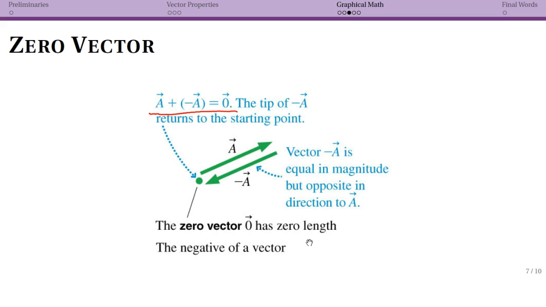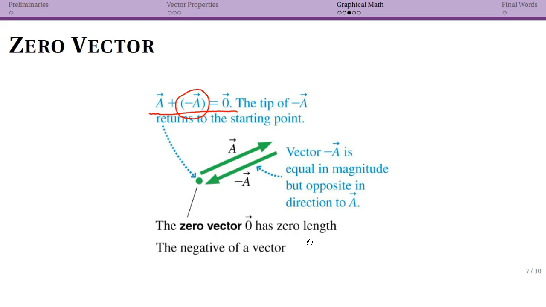So that's the first thing. The second thing here is that if I say that I have some value, say x, and I'm adding a value to x to get 0, you know that I must have added negative x. So the same thing is true in vectors, that if I add my negative vector to itself, I get 0.